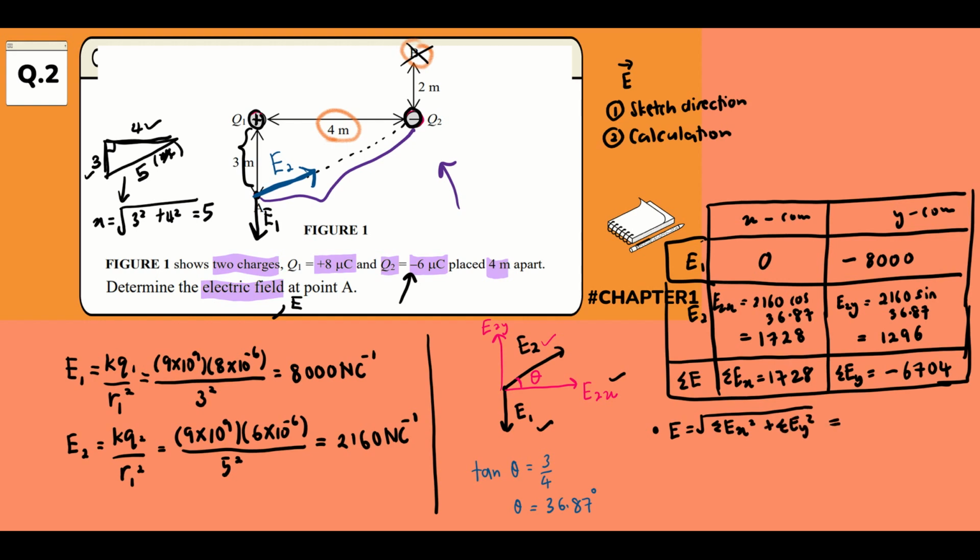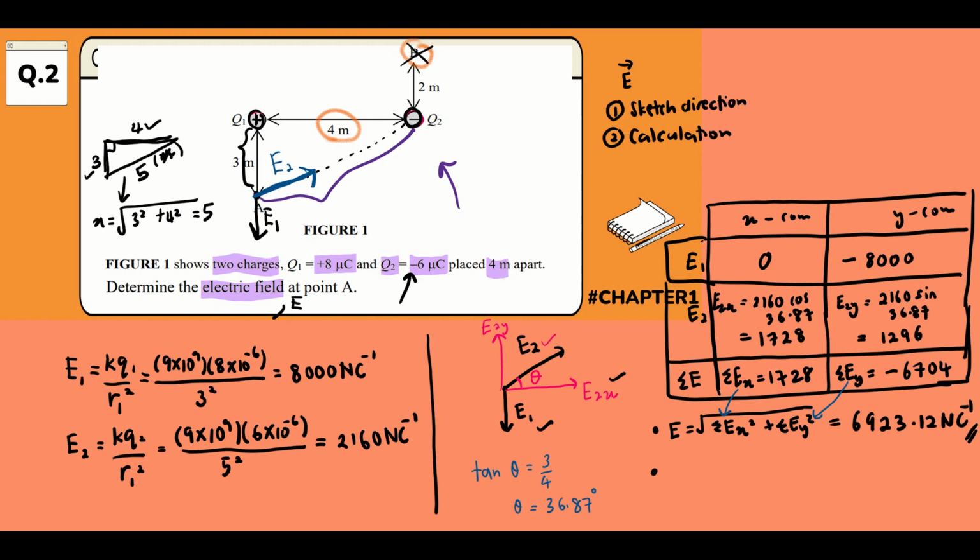Now you substitute the values, this is for Ex and this is for Ey. So you're supposed to get your total electric field as 6923.12 Newton per coulomb.